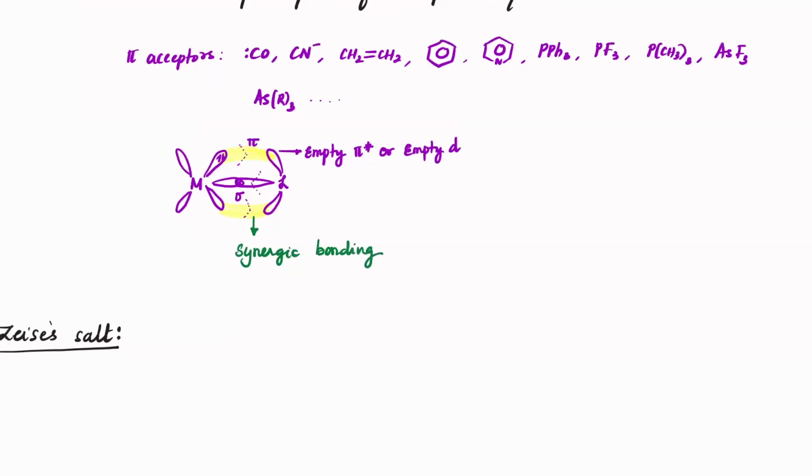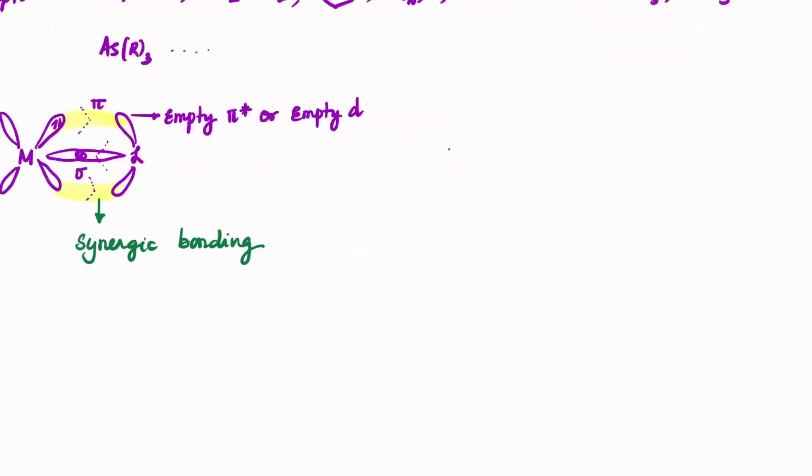Another example, let's say iron. On iron, you have a d orbital which has electrons in it like this. Let's say there are two electrons here in the lobe, and it has an empty d orbital to which electrons are coming from carbon monoxide like this.